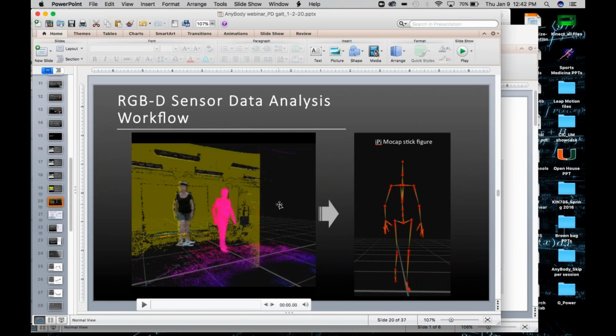Yeah, I can maybe elaborate at least on the AnyBody part. I know that we are reading in these BVH files, which are stick figure files that you would also export if you were using IMU systems like Xsens. And IPiSoft, is that correct? It's a third-party software that can work with the Kinect data.